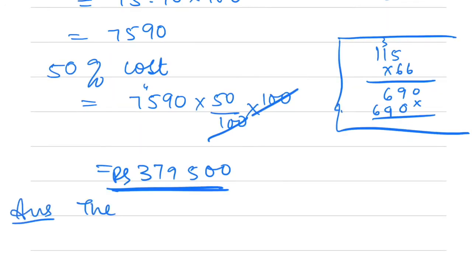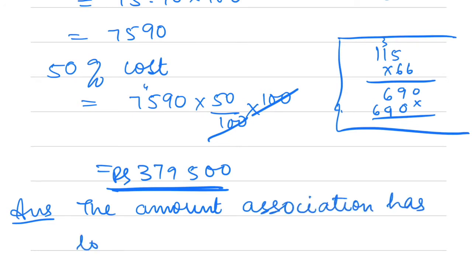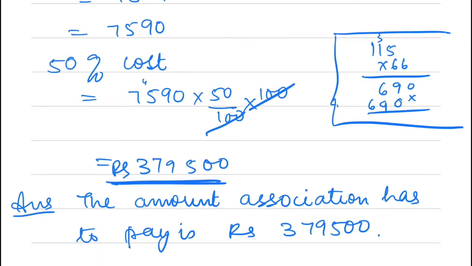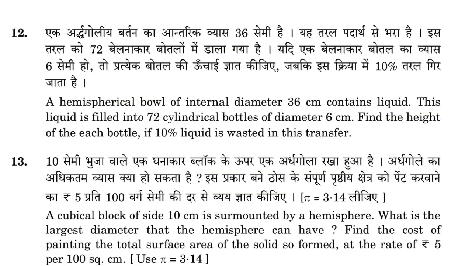The amount the association has to pay is rupees 379500, and they are asking the value shown by this association, meaning they were helping the flood victims. Value based question.